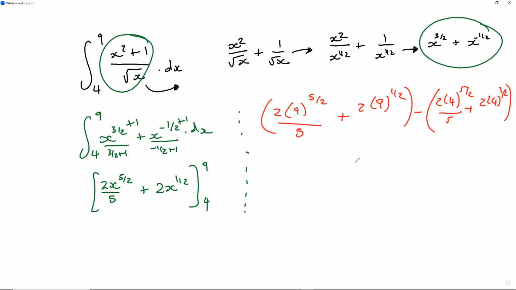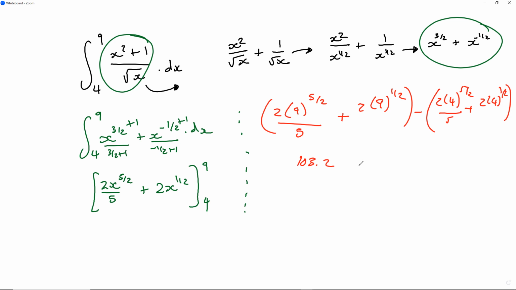Okay. Putting the first expression into a calculator: 2 times 9 to the power of 5 over 2 over 5 plus 2 times 9 to the power of a half comes to 103.2.